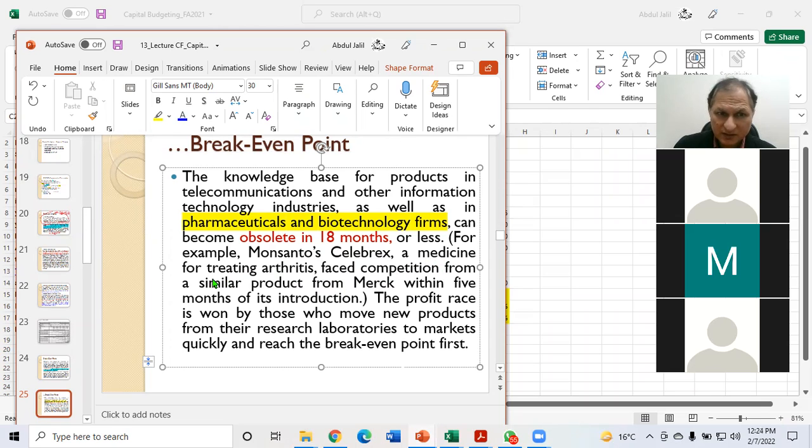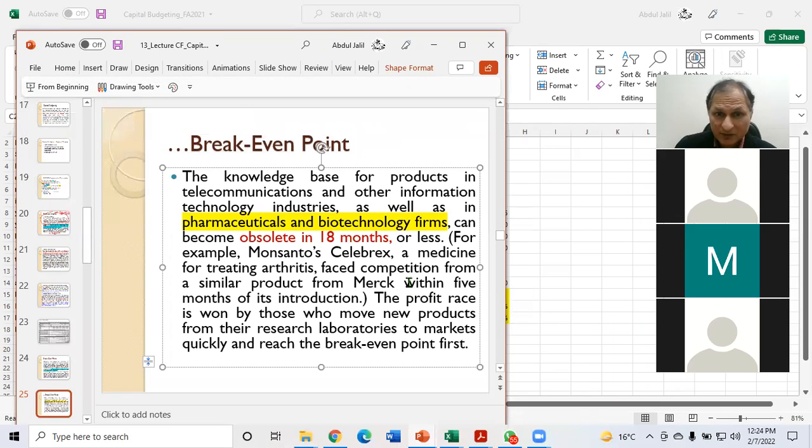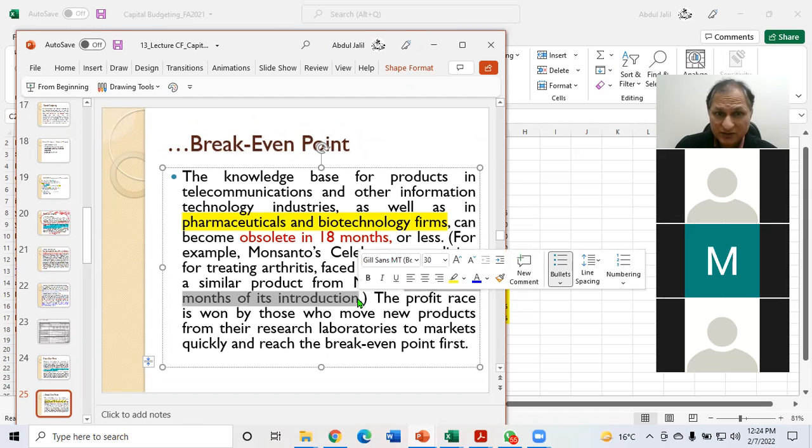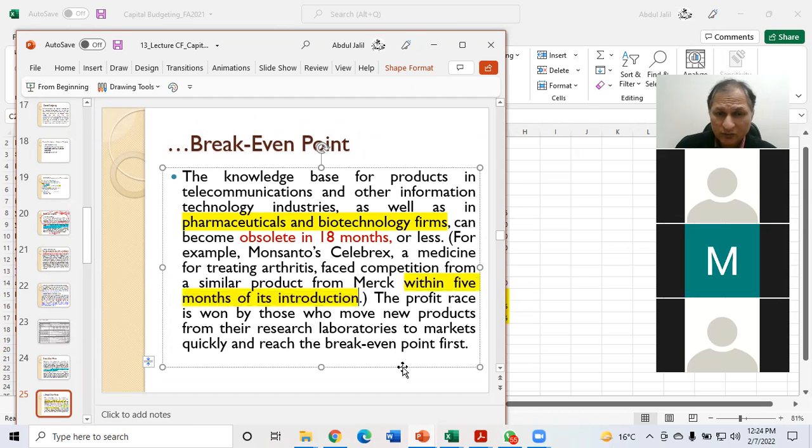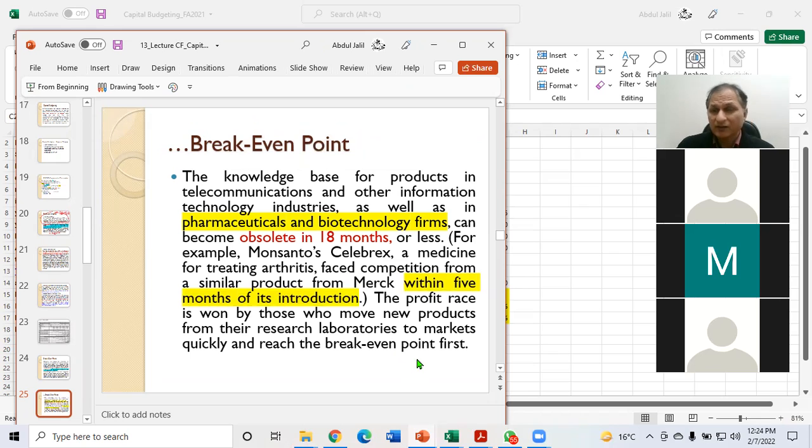Just like a medicine for treating arthritis faces competition from a similar product from Merck within a month of its introduction. Sorry, within 5 months the competition sets in, meaning they remain capable of recovering their research and development investment by selling this totally new innovation, but only up to 5 months.